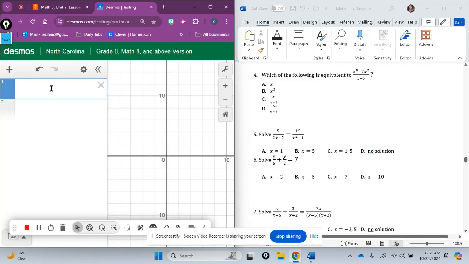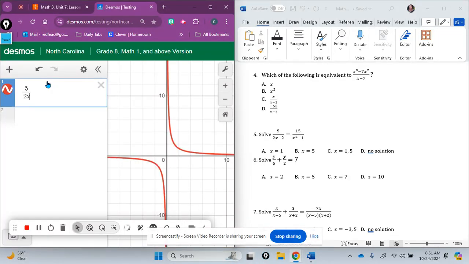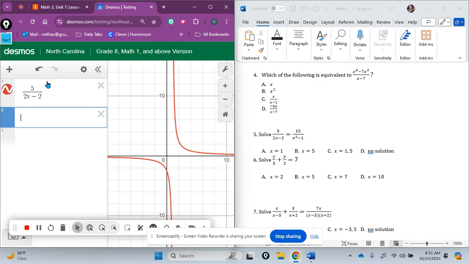Number 5 says solve 5 over 2x minus 2, and that's going to equal 15 over x squared minus 1.